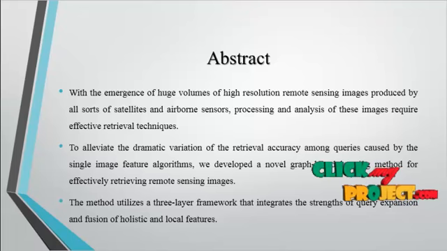The method utilizes a three-layer framework that integrates the strengths of query expansion and fusion of features, holistic and local features, etc. In the first layer, two retrieval image sets are obtained by respectively using the retrieval methods based on holistic and local features, and the top ranked and common images from both of the top candidate lists subsequently form the graph anchors.